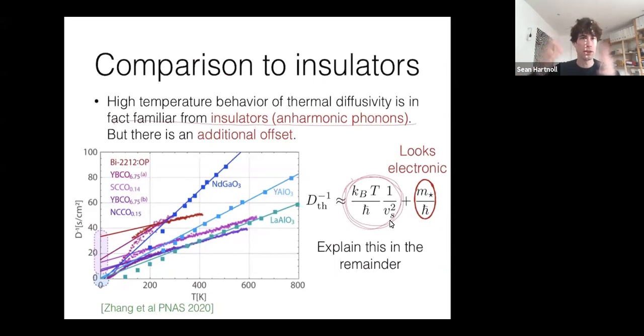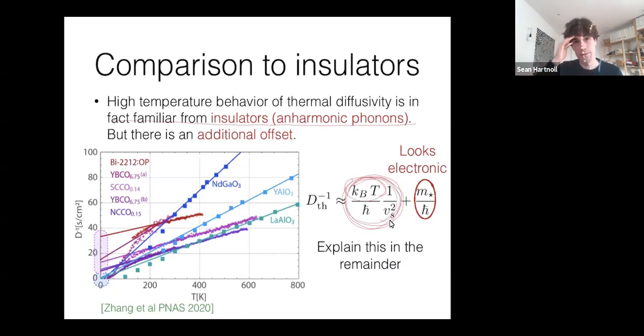So phonons can also scatter off each other, and this T-linear thermal resistivity is basically the same as the T-linear electrical resistivity of copper. There it was electrons moving and colliding with vibrating phonons, but when phonons move, they also collide with vibrating phonons, and this equipartition argument goes the same way. So this term looked a lot like an insulator.